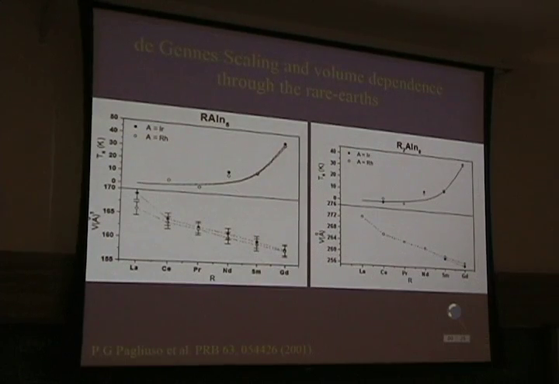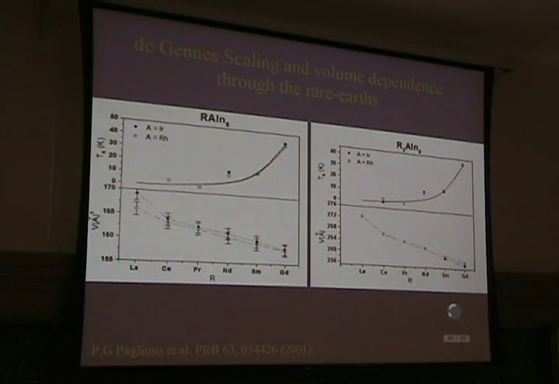So I want to see that. First, if I try to do a de Gennes scaling, what's a de Gennes scaling? You have your total angular momentum of the rare earth, which depends on J. The projection of that in the spin space of that total angular momentum is given by the de Gennes factor.